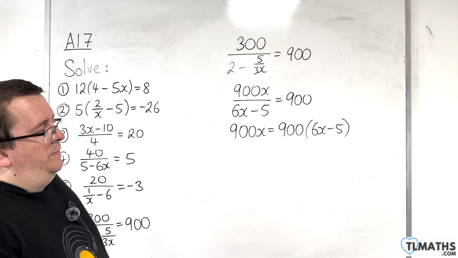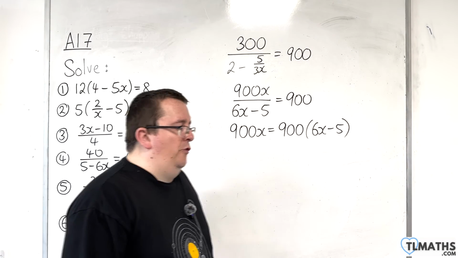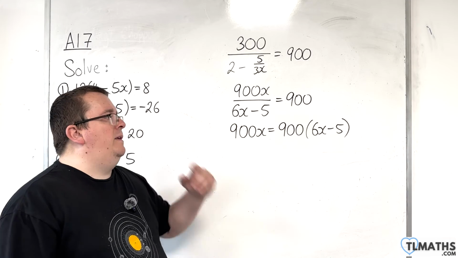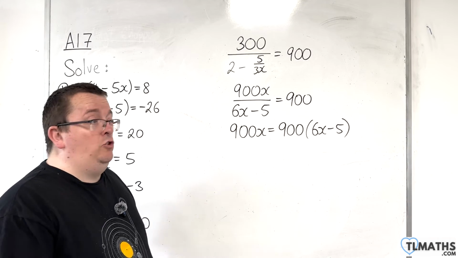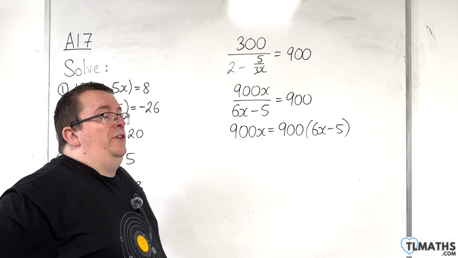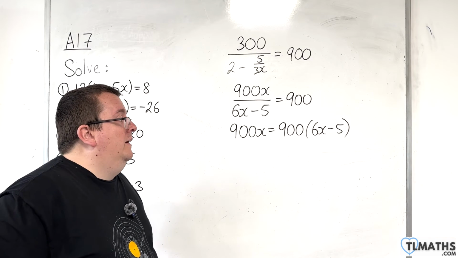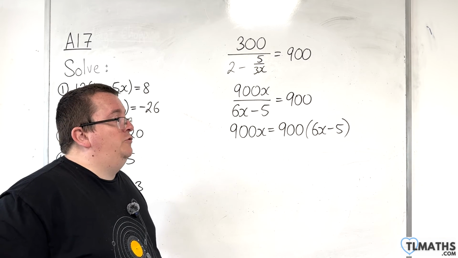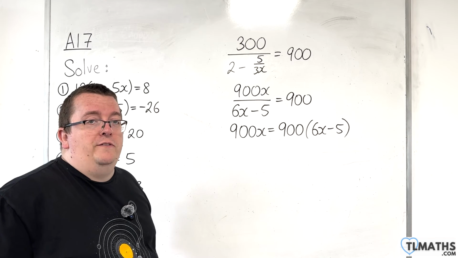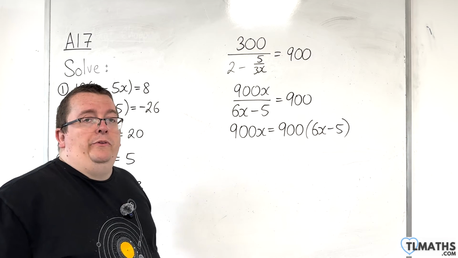Now, with the methods that we've used before, I've been expanding the bracket out at this stage. Sometimes it's just quicker to do it that way. Personally, I don't really want to be dealing with 900 times 6 and 900 times 5 as numbers.